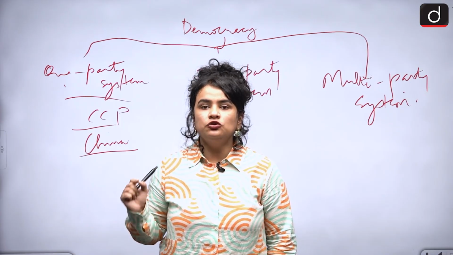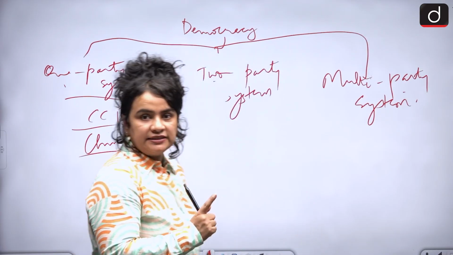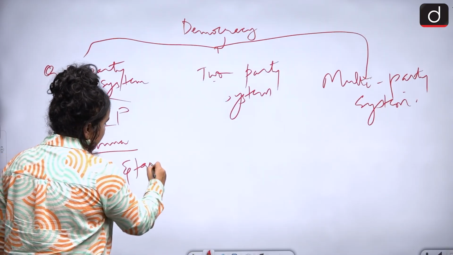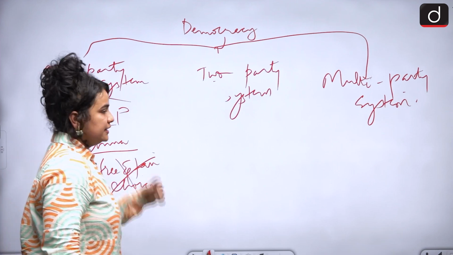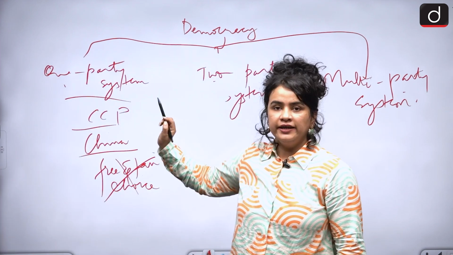And hence, it totally diminished the true meaning of democracy by eliminating free and fair choice. So, any free and fair choice for the citizens was eliminated by this one-party system. So, this is not really desirable.